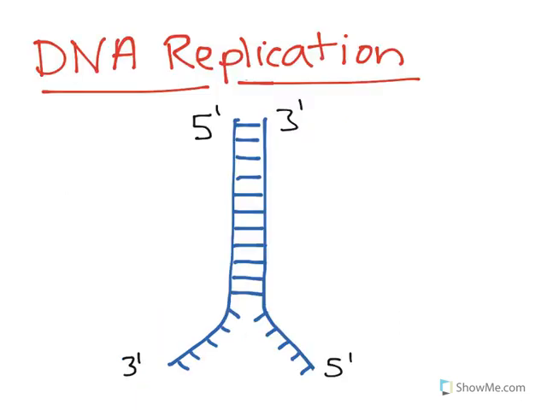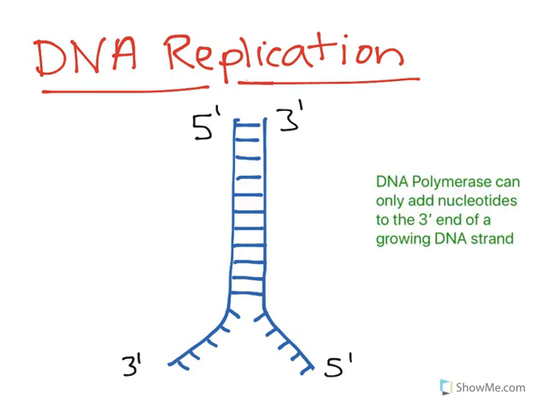Okay, so if we begin to look at the actual process of DNA replication in a bit more detail, the first thing you need to be aware of, and you need to remember this, is that DNA polymerase can only add nucleotides to the 3' end of a growing strand.